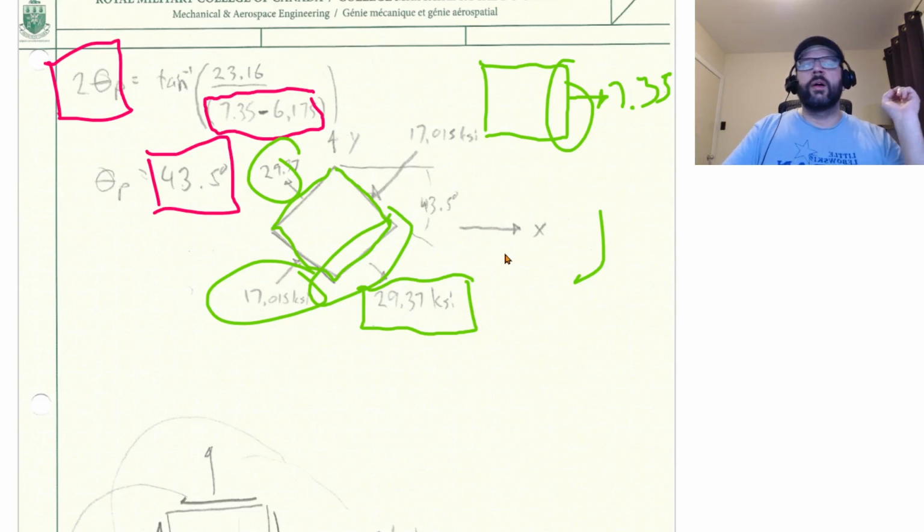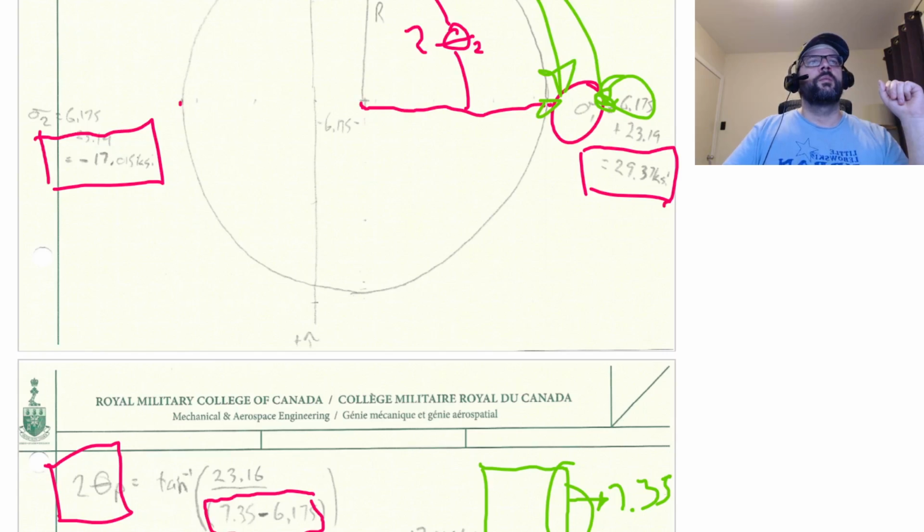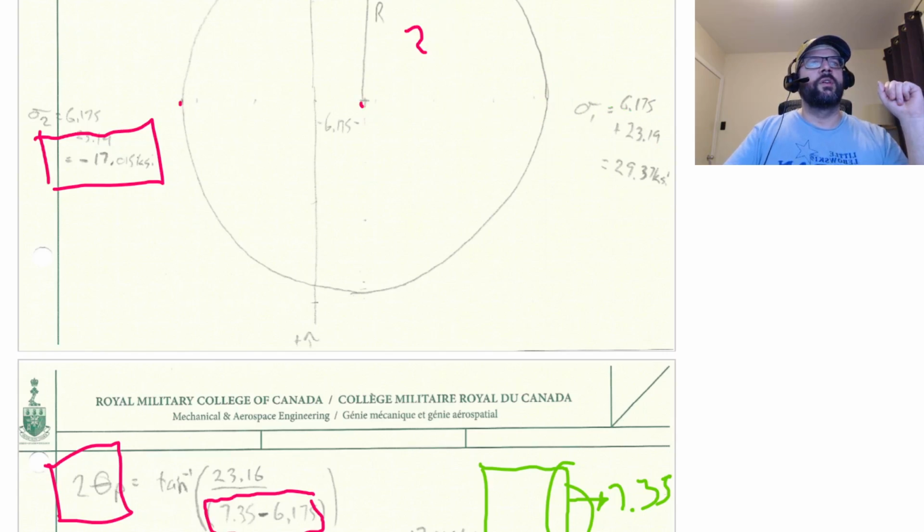Alternatively, we may not be worried about the maximum normal stresses. We may be worried about our maximum shear stress. So back up to our Mohr's circle. Instead of going this way, we want to get to our point for maximum shear.